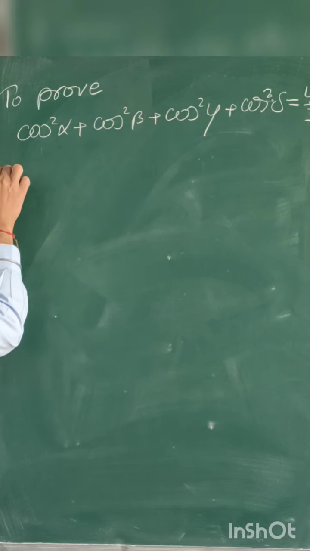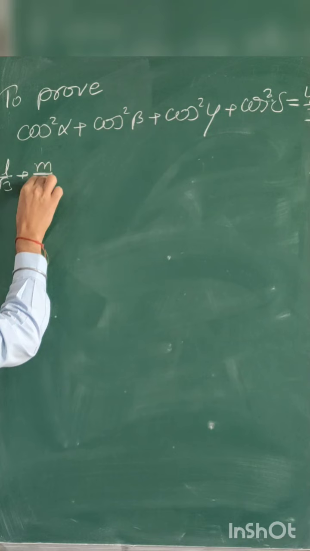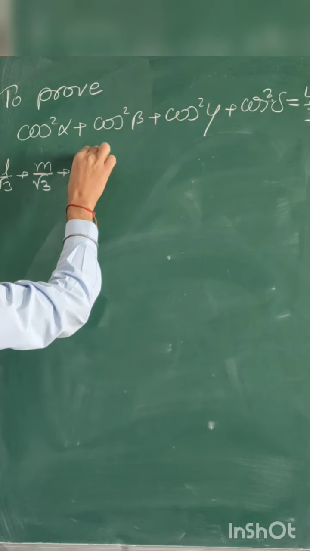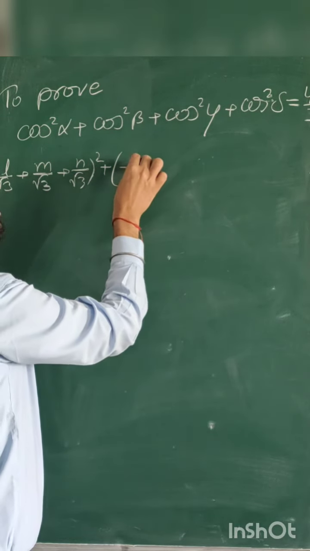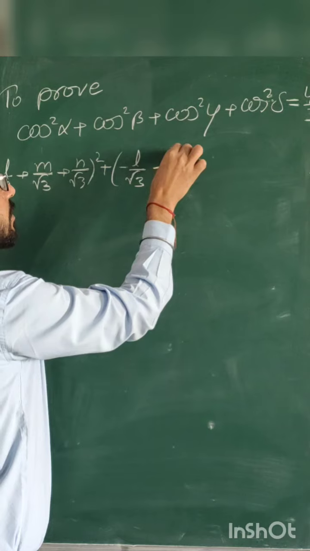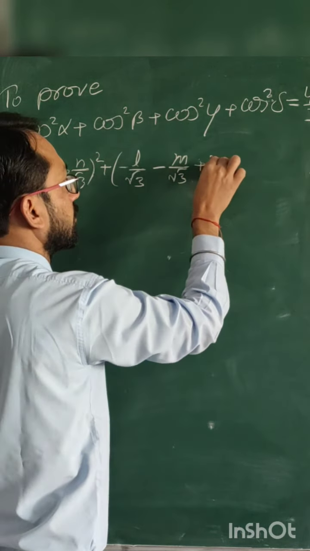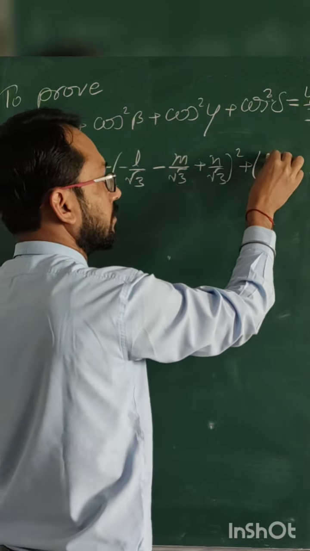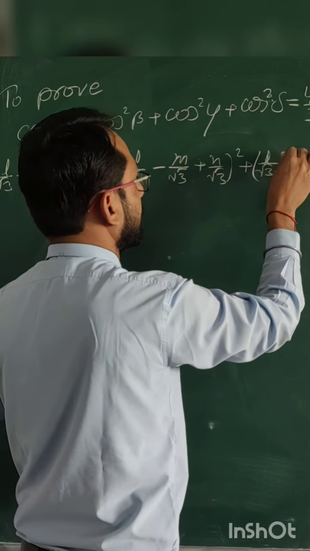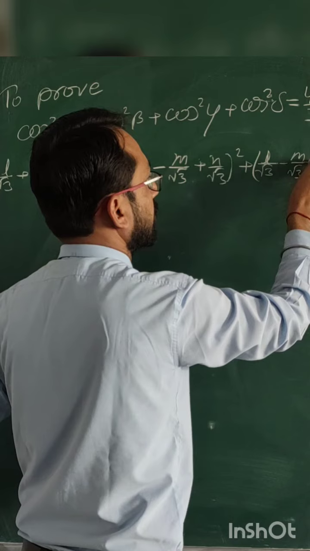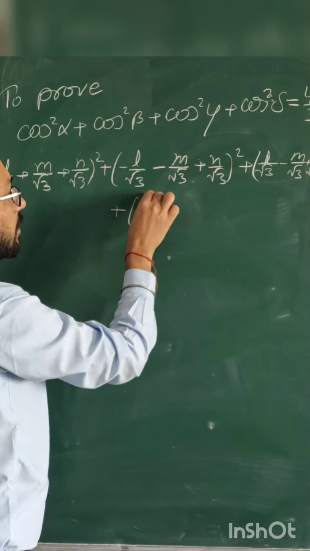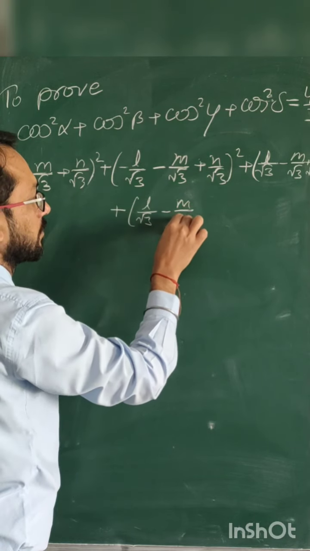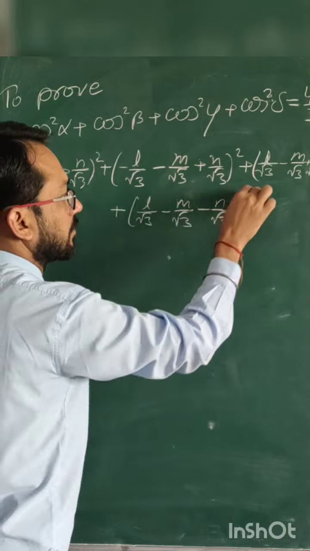Cos alpha was l by root 3 plus m upon root 3 plus n upon root 3, whole square, plus cos beta, which is minus l upon root 3 and so on. Now see, 1 by root 3 is in all.